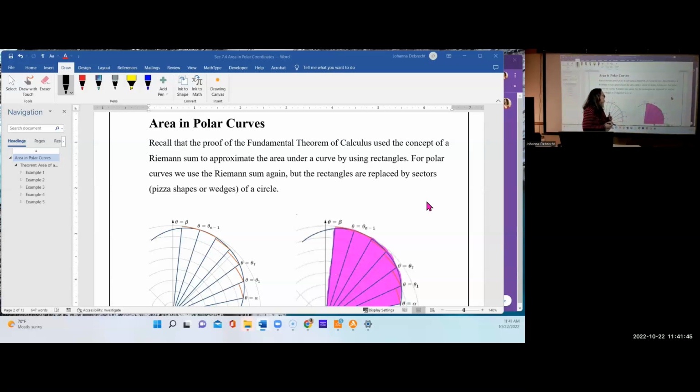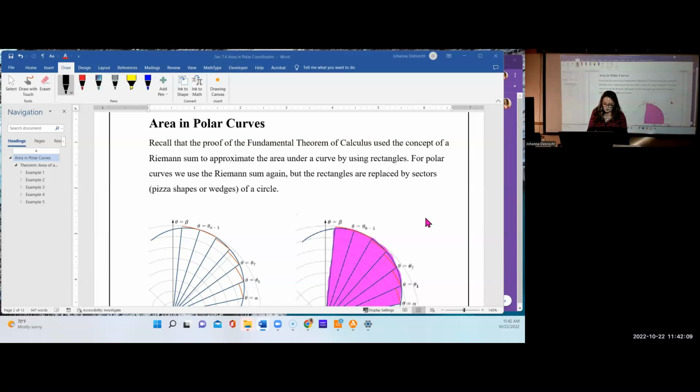So we turn our attention now to the area in a polar curve, and we want to remember that the fundamental theorem of calculus used the concept of a Riemann sum to approximate the area under a curve using rectangles. Now, ours is a curved region like what you see right here, where the edge is this polar curve, which is like an arc.